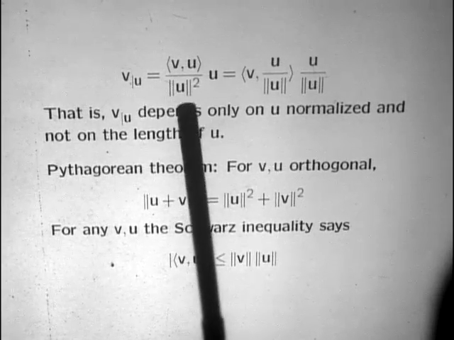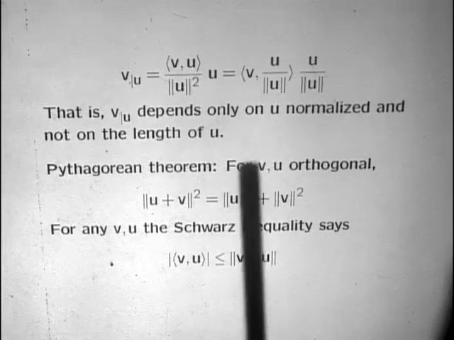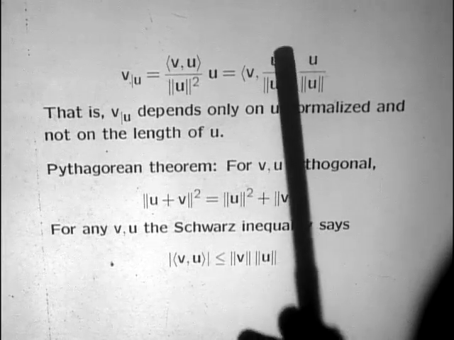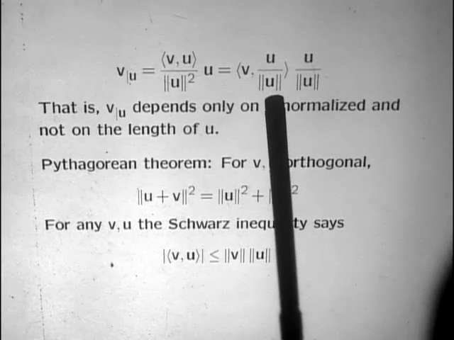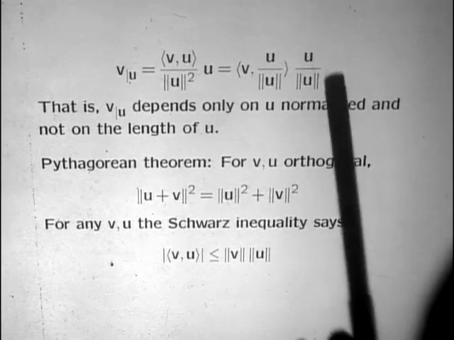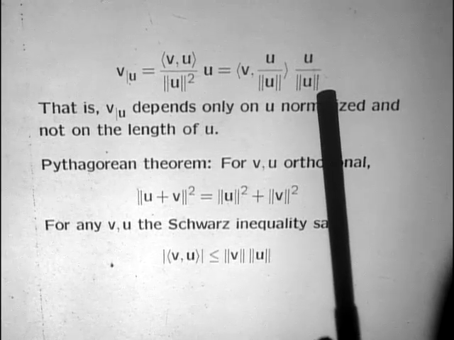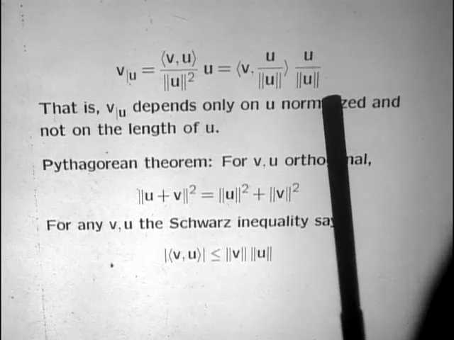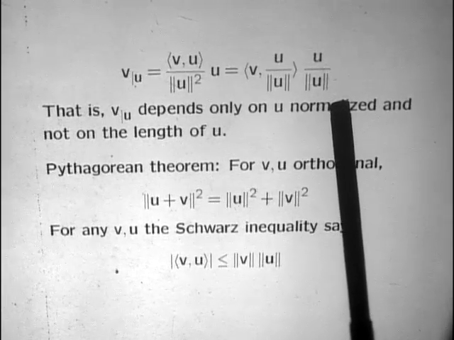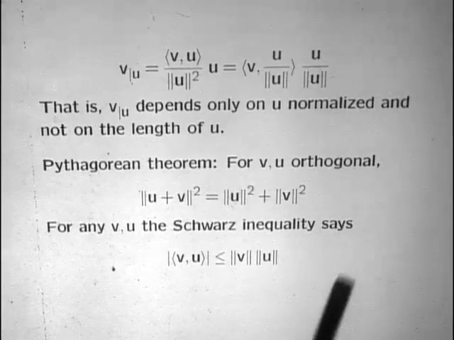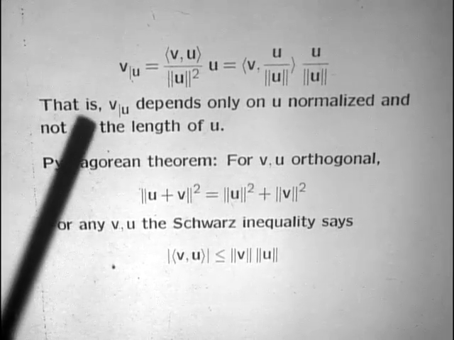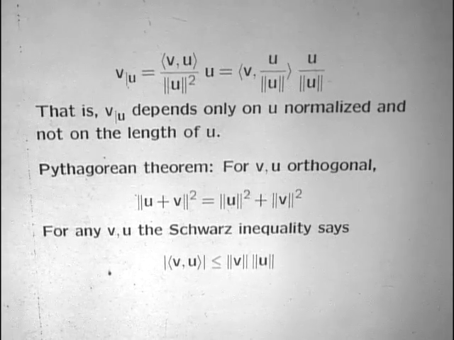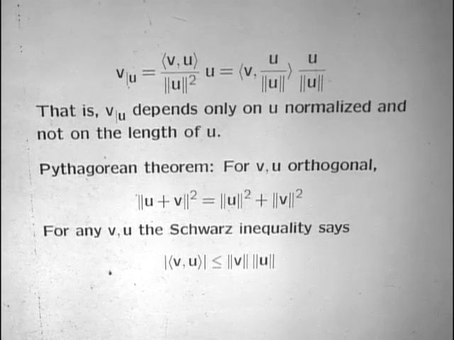Namely, the norm of U is just some real number, and write it this way as the inner product of V with U divided by the length of U, times U divided by the length of U. Now, what is the vector U divided by the length of U? It gives you a direction. It's the same direction as U, but it has length 1. In other words, it's the normalized form of U.